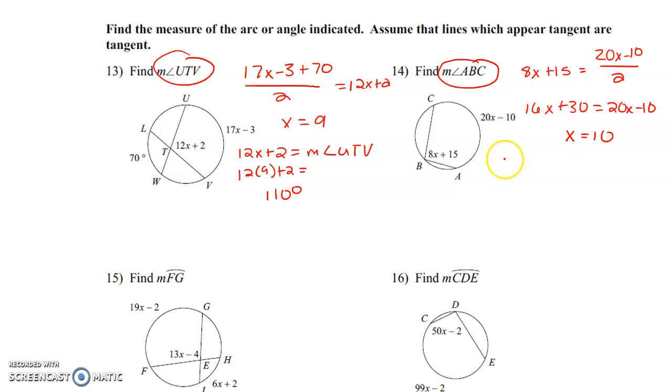So you're going to plug this into your 8x plus 15. Eight times 10 is 80. 80 plus 15, 95 degrees. Okay, and let's see. Down here we have the same types of situations. Guys, I want you to just know that your x equals 8 and x equals 2.